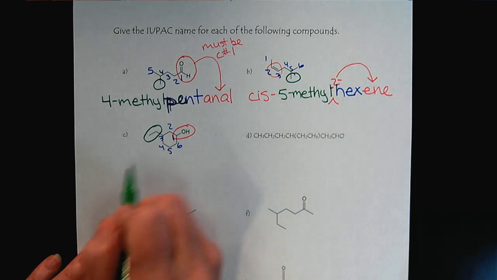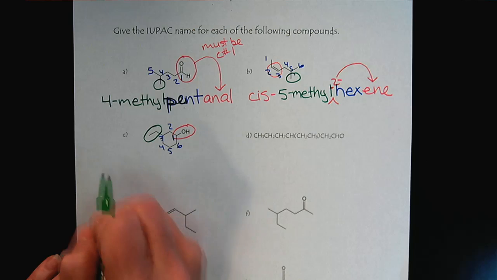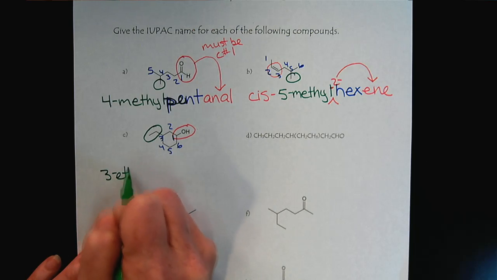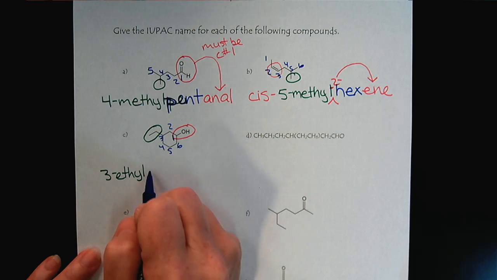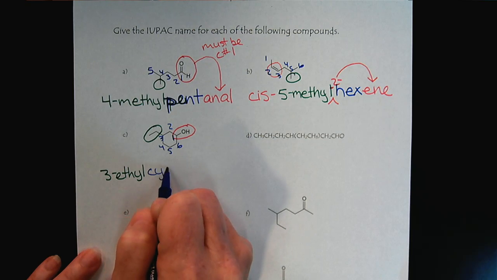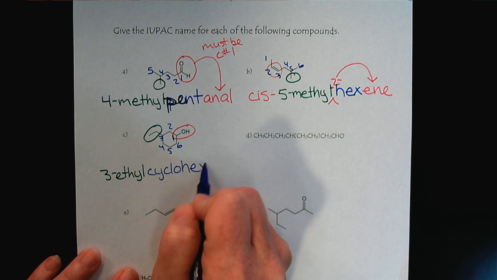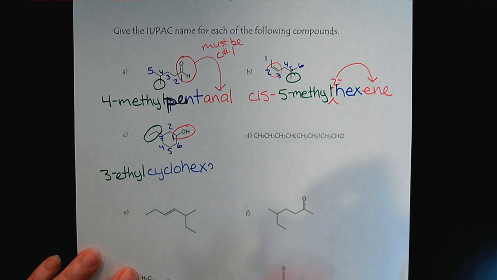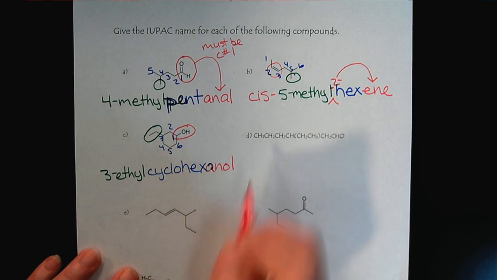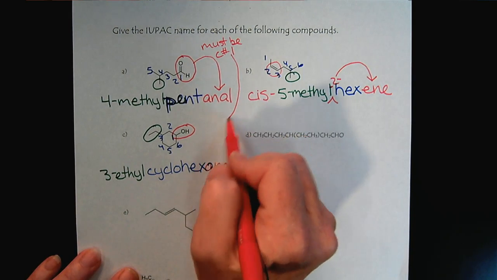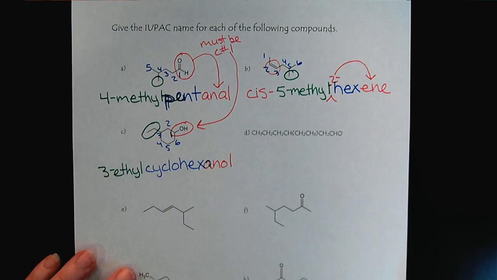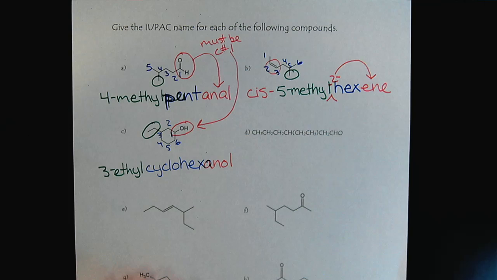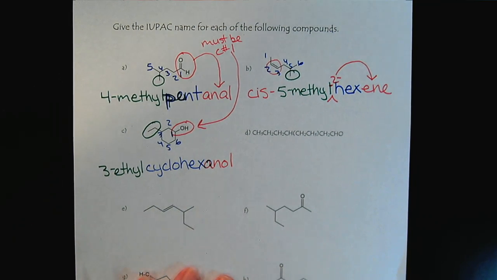And so we put the substituent, the branch first, 3-ethyl. And now we bring in our root, our parent, cyclohex, and then enol. And then once again, this must be carbon 1, so we don't have to worry. If you put the 1, I'm not going to mark you off. It's not a problem. It's just not needed, so don't expect to see it when you read things.